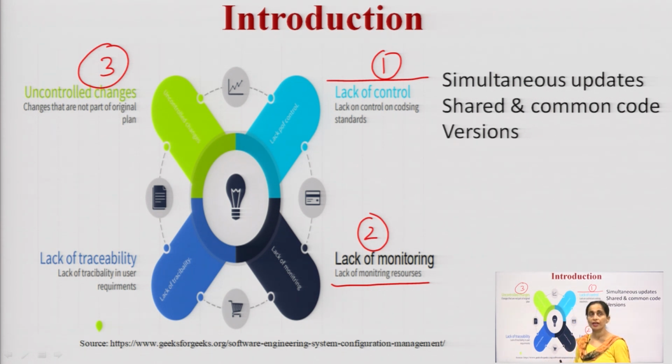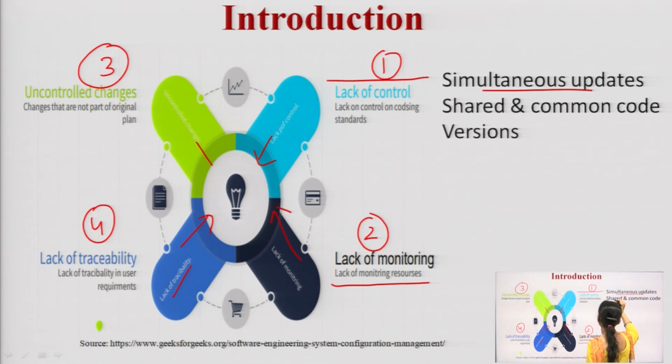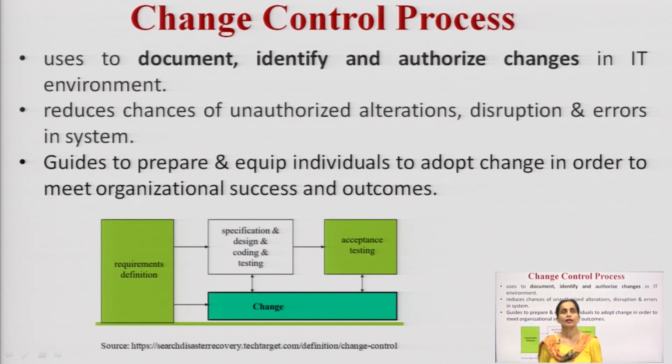So, how should they be incorporated? Then the fourth thing, there is a lack of traceability, that is the user requirements are not traceable at the present moment. So, when these attack the real time software in the market, how should they be tackled, that is how should my change control process be defined, when there are simultaneous updates and they are being shared and there are common code control versions, how should they be taken care of. So, let us define the change control process first.